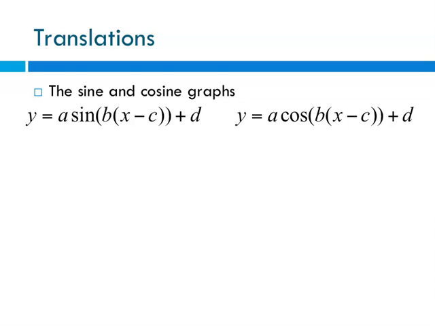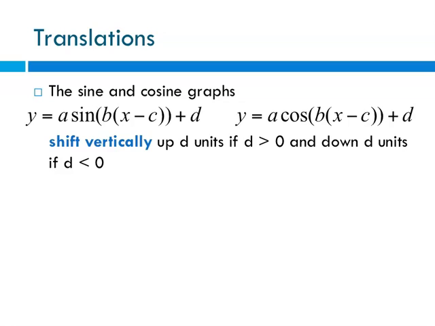So we would say that the sine and cosine graphs shift vertically up by d units if d is greater than 0, and down by d units if d is less than 0. Now again, pay close attention to the equation itself. It says plus d. So this is only going to be the case if you are adding d. Then if d is greater than 0, it's going to shift up.